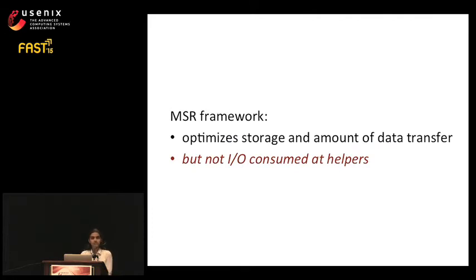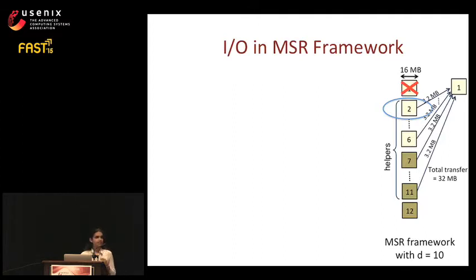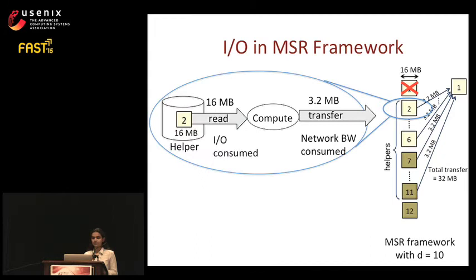While the MSR framework allows for optimizing for storage and network bandwidth costs, it does not consider the cost of I/O at the helpers. Let us see this in our example. Consider block 2, which is one of the helpers. The helper reads its block of 16 megabytes, computes a function, and transfers the resultant, which is of much smaller size, 3.2 megabytes.